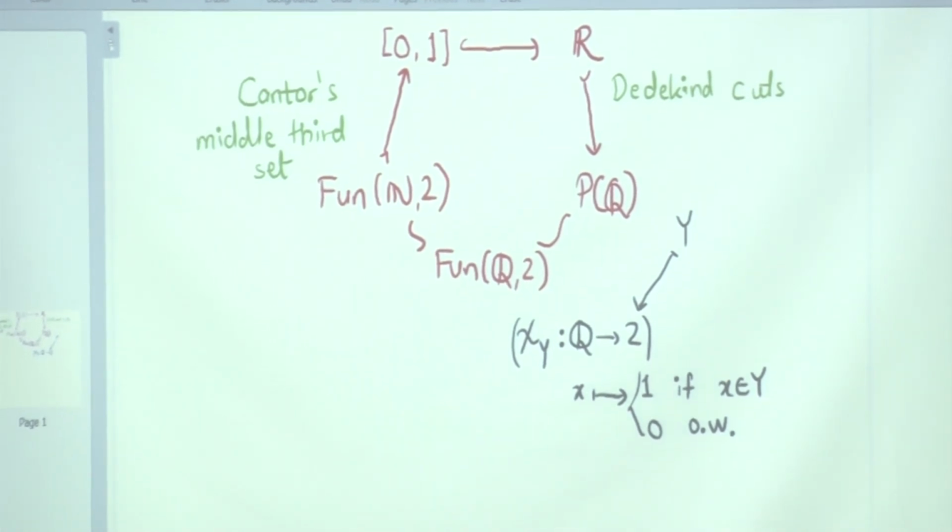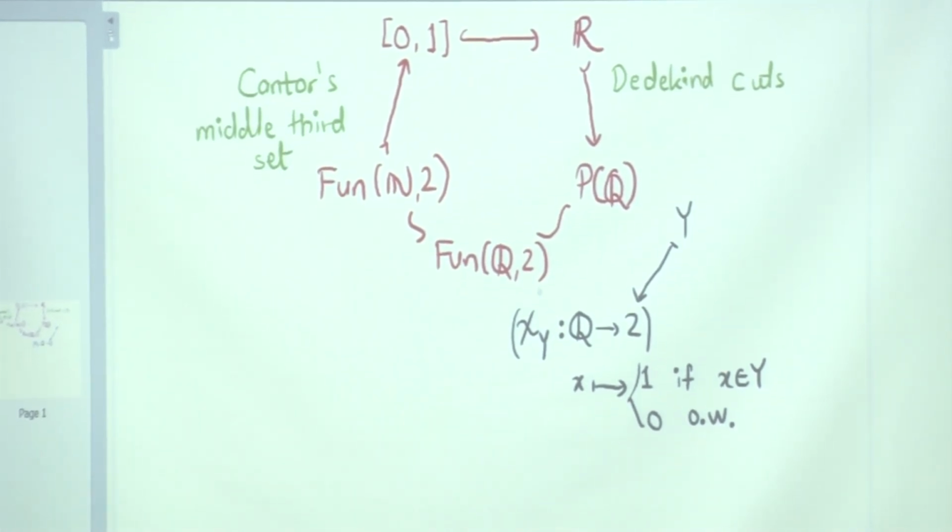And in the reverse direction, you are given some function f from Q to 2. This function we will map to f inverse of 1. Please verify that this is a bijection.